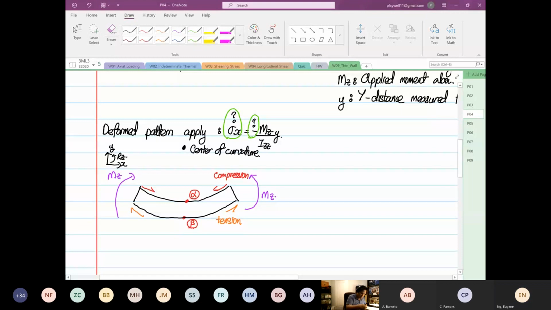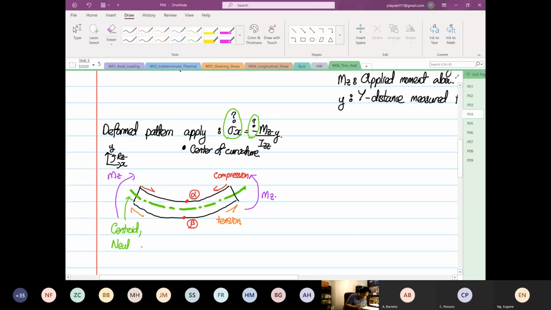So at a certain point where I'm drawing the green chain line, this chain line is known as my centroid and also known as my neutral axis. Okay.